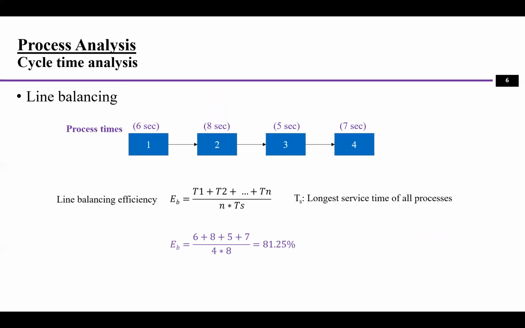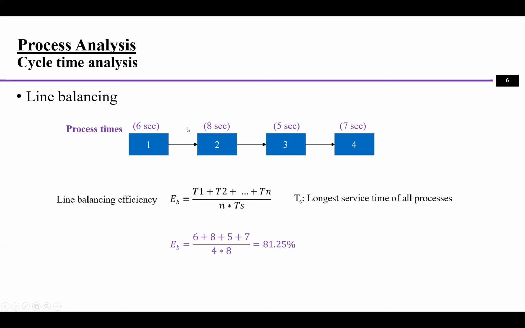And the next concept is line balancing. As you can see, for these 4 processes, process 1 takes about 6 seconds, process 2 takes 8 seconds, process 3 takes 5, and process 4 takes 7. They are all not the same amount of time. So process 1 only takes about 6 seconds to finish its part.